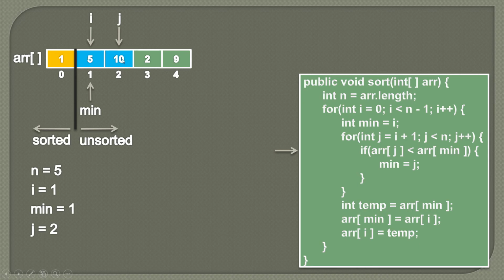So we are taking these two values and comparing whether 10 is less than 5 or not. So this condition comes out to be false because 10 is not less than 5. We'll increment j by 1. So j becomes 3. So still you can see 3 is less than 5. So this condition comes out to be true.